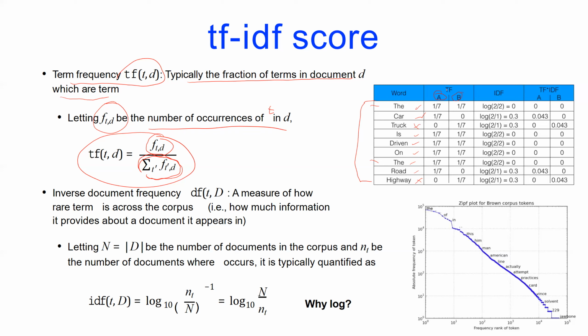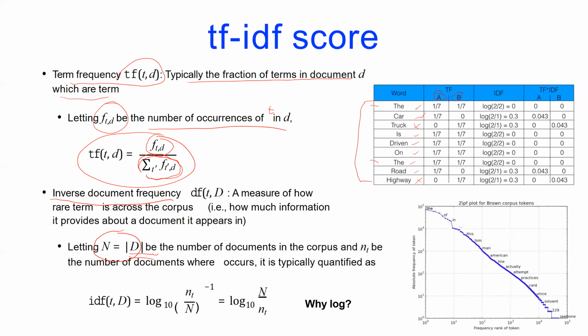But the inverse document frequency is very simple, but a little bit not that obvious. Now let's define capital N equal to the number of documents. Usually we use this bar notation to denote the cardinality, how many members are in D. So N is the total, say 1,000 documents.